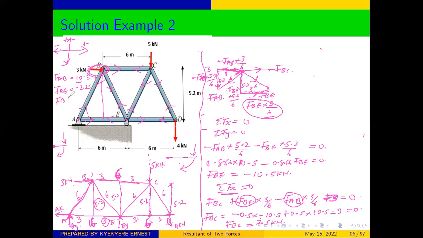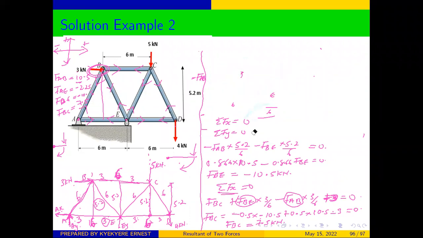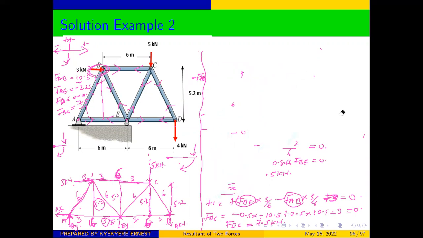We have also been able to calculate FBE, which is equal to negative 10.5, and we also have our FBC now, which is equal to 7.5. Good. Now we can move on to another joint and analyze.